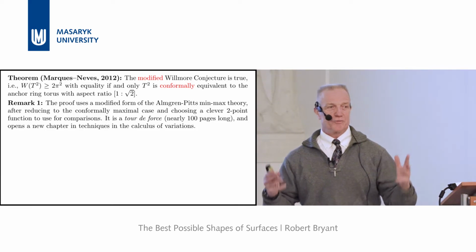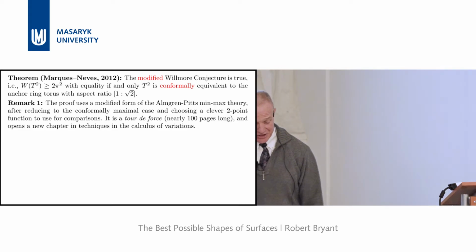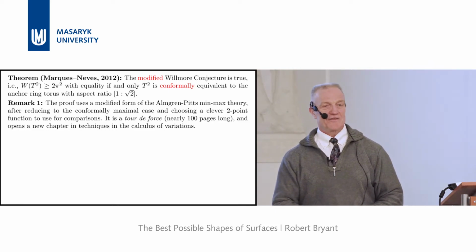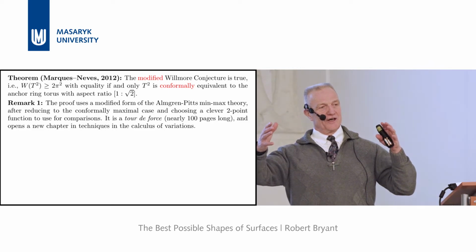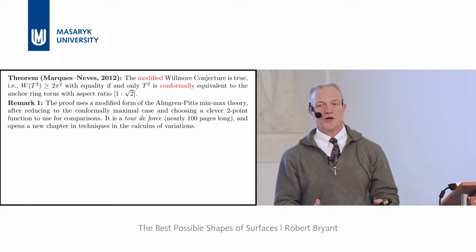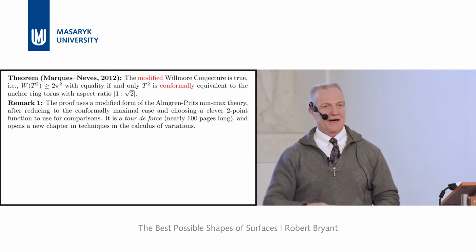The proof's about 100 pages long in the Annals. It's highly ingenious and a real tour de force. But the basic idea is that they have to play off the non-compactness of the conformal group with being able to normalize out minimizers.